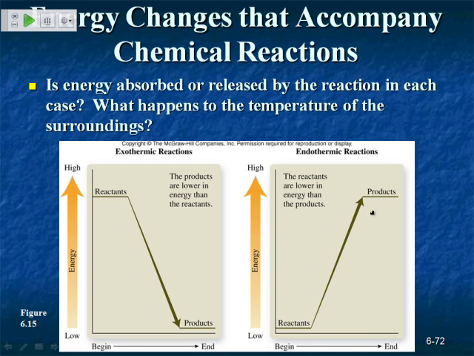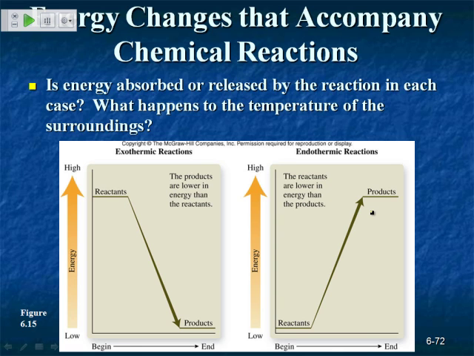Again, opposite for the endothermic reactions, the reactants hold less energy in their bonds and they are forming products that are holding a higher amount of energy in their bonds. So that difference of energy should be absorbed from the atmosphere. So that is exothermic reactions and endothermic reactions.